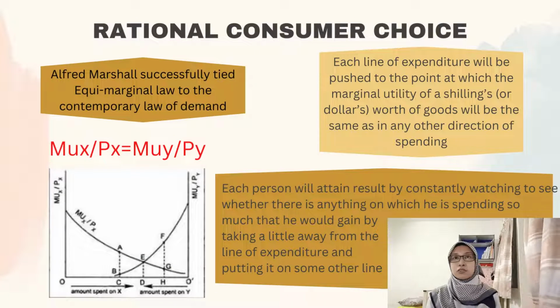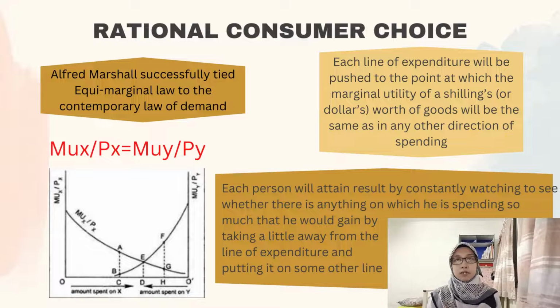Next, rational consumer choice. Marshall successfully tied this equal marginal rule directly to the contemporary law of demand.